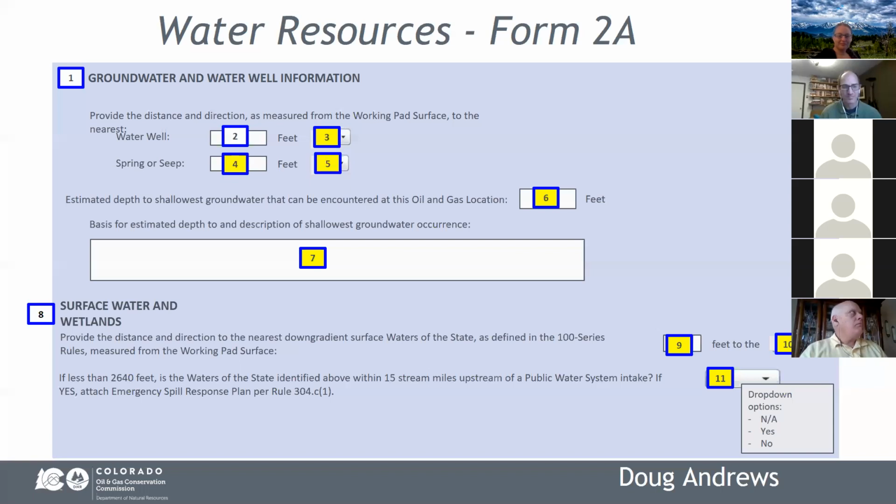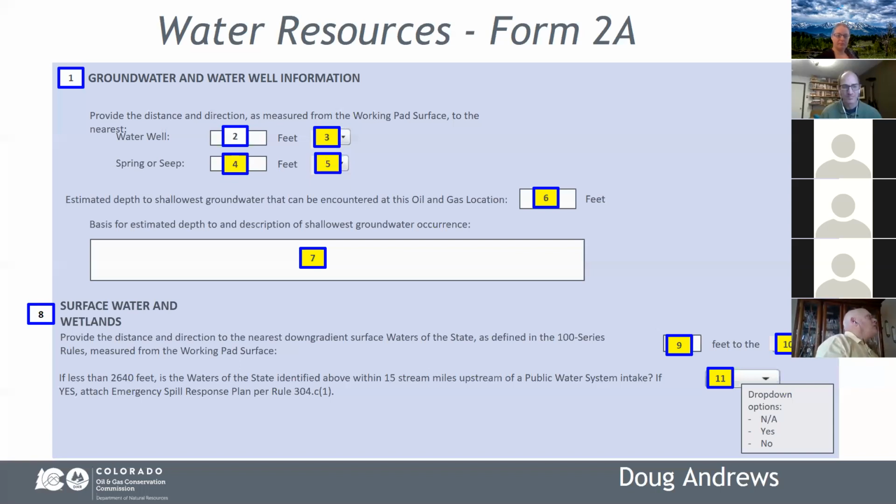So please, when you're filling out this section, open up those water well permits, look through them, and read the information in them to help you determine exactly how far away and what direction it is. Use that information on the permit along with aerial images and topographic maps.